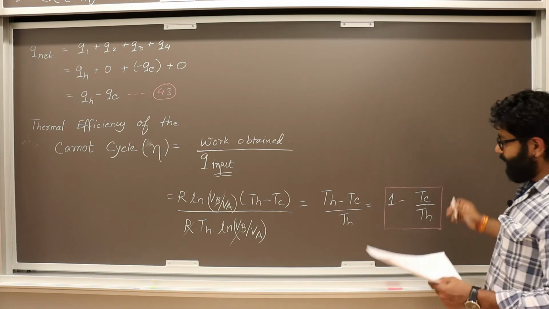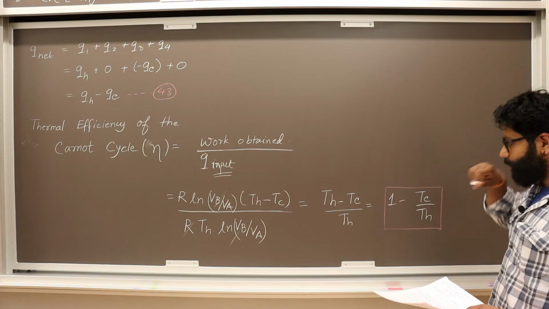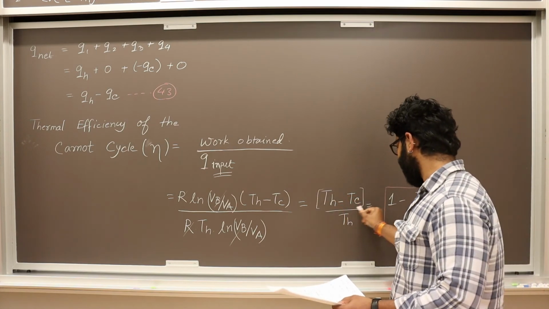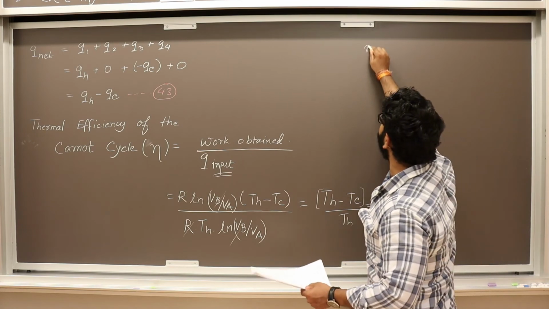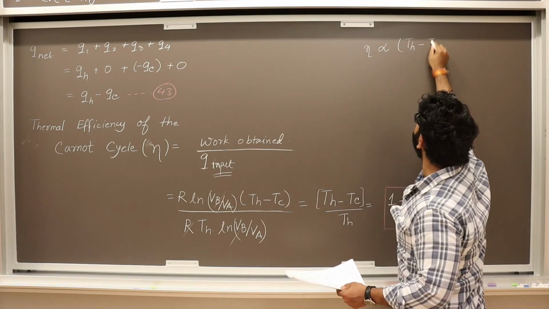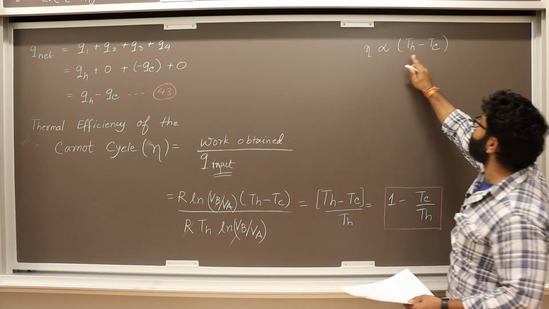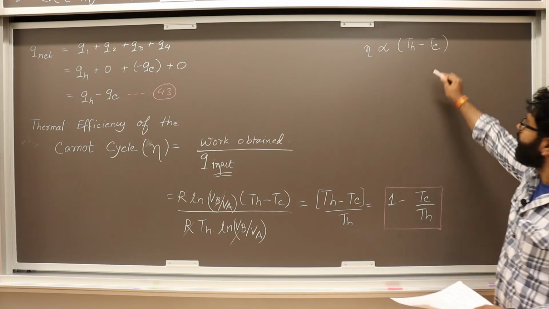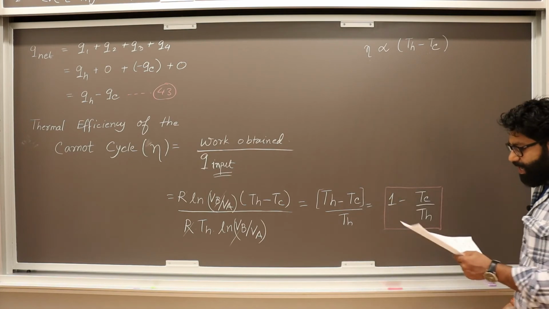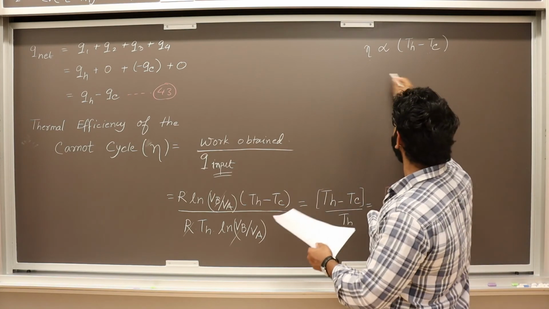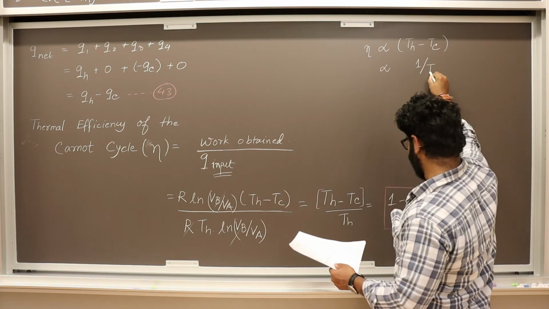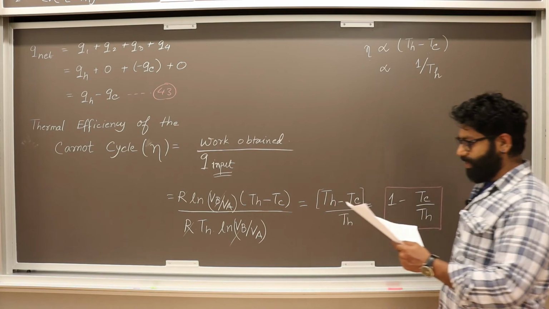Now, the efficiency is proportional to the difference between T hot and T cold. So when you increase this difference, your efficiency will increase, right? And the efficiency is inversely proportional to T hot, right?